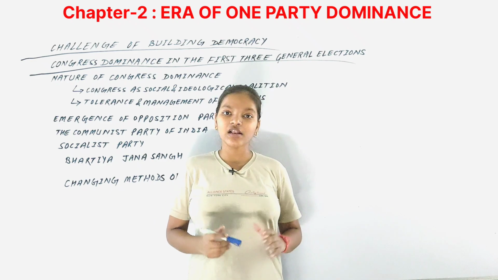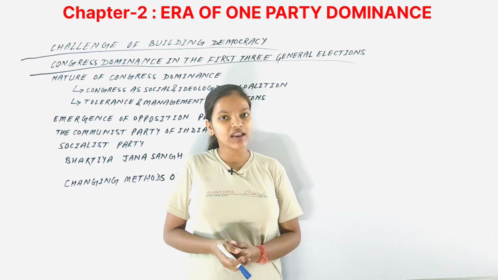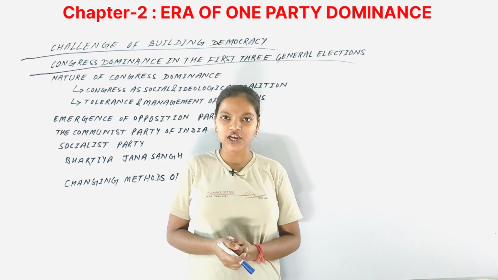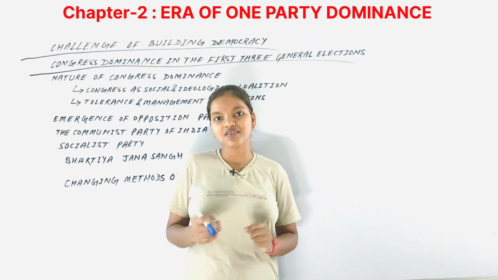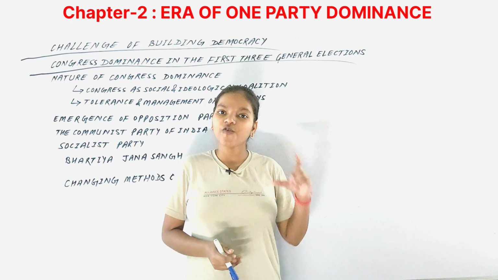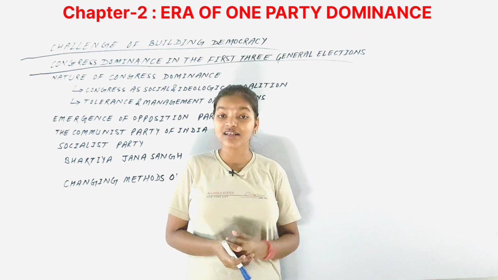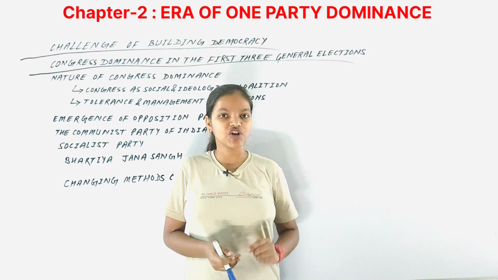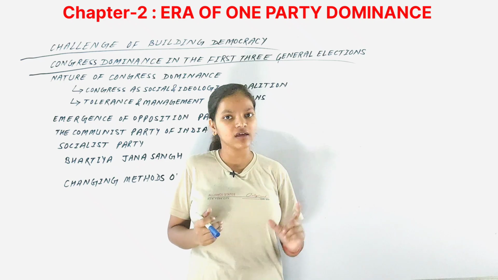Now in the first Lok Sabha elections, of course, the Indian National Congress had gotten a very good victory. What about the state elections? In state elections as well, Congress had formed government in all the states, except some exceptions where it was hard to form the government.